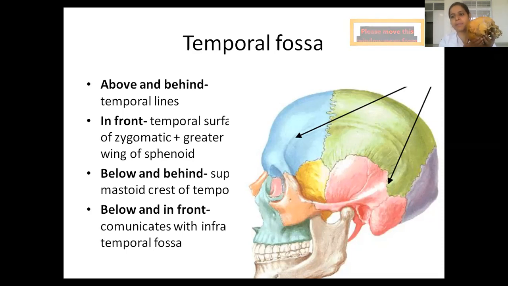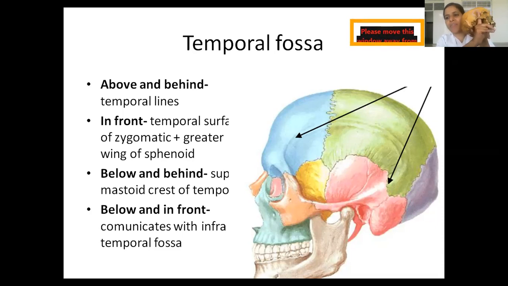Then below and behind, I told you this is our mastoid process, and this area becomes below and behind. This is the supramastoid crest, supra meaning above the mastoid process, the supramastoid crest of the temporal bone. Below, the zygomatic arch is the line of demarcation. So this is below, and it is in communication with the infratemporal fossa.